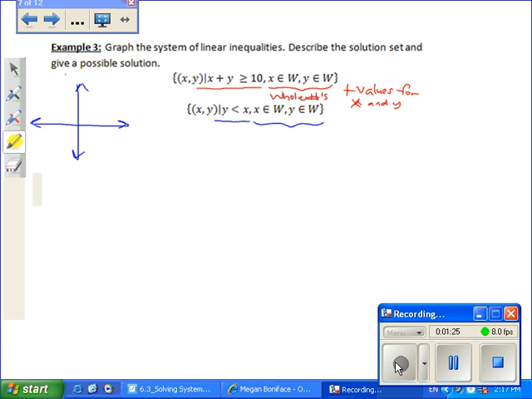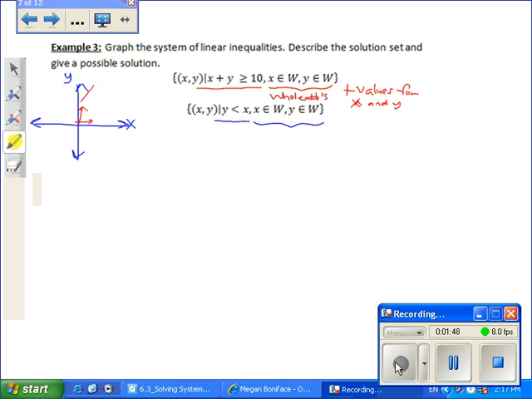Okay, here's your y-axis and here's your x-axis. If you only have whole numbers, that means you can only have positive values for x. So your graph is going to be on this side, okay, of the x-axis. And you can only have positive values for y, so you're only going to be on this side here. Okay, so above the x-axis, positive values for y.